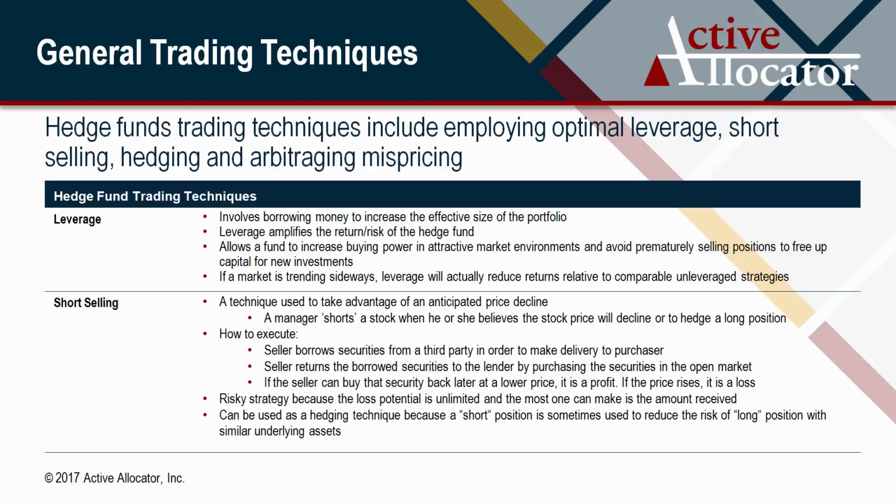But leverage also amplifies the risk, both credit risk as well as market risk. The other concept is short selling. This involves the sale of a security not owned by the seller, a technique used to take advantage of an anticipated price decline. Active Allocator allows you to include leveraged and short structures in your portfolio.